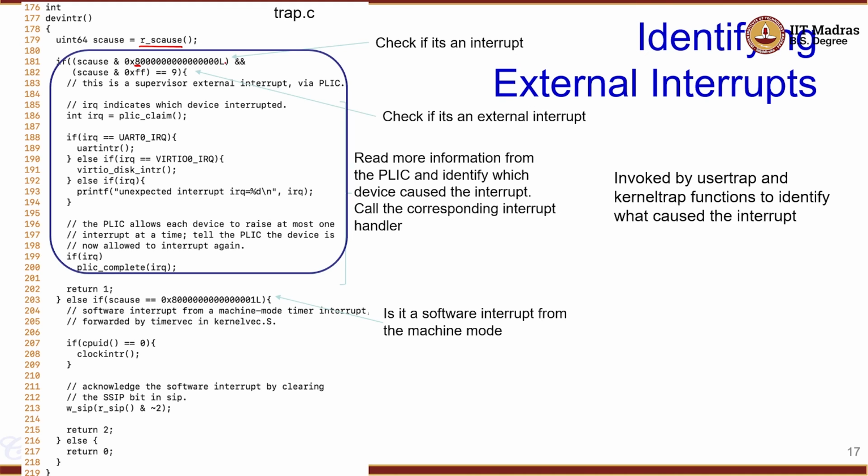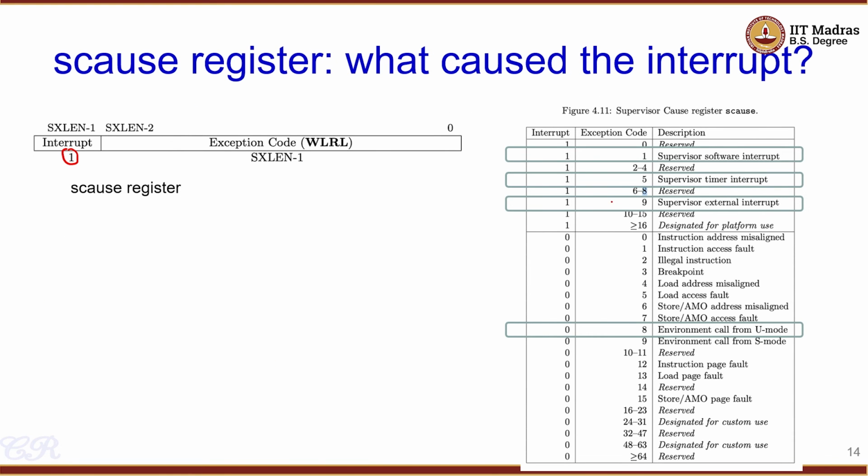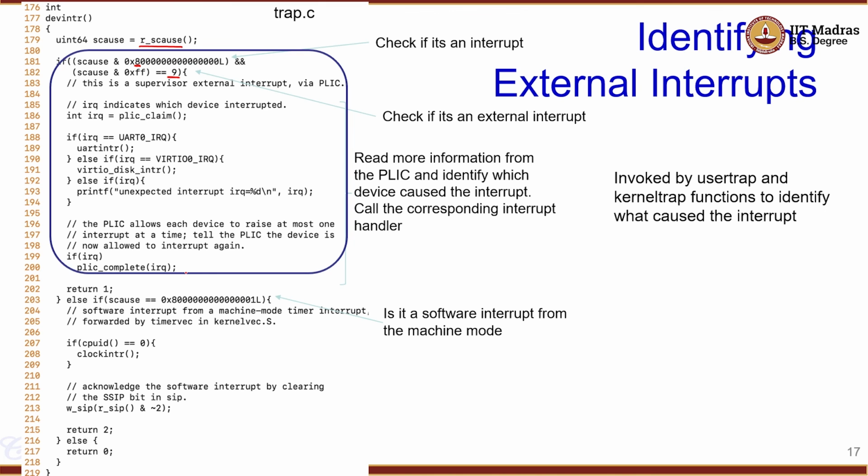If so, it enters the if statement, and here we have a check to identify if the lower 8 bits of scause is equal to 9, right. Recollect that 9 essentially means that we have a supervisor external interrupt. The interrupt is coming through the PLIC, the platform level interrupt controller, right.